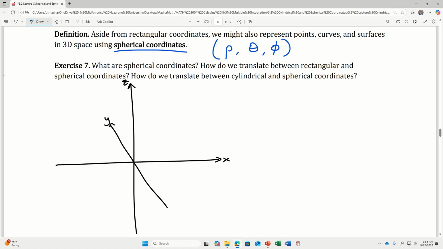Those are all lowercase Greek letters. Rho represents the distance from the origin. Like I mentioned yesterday, it's important that you know rho is not the same thing as r, because r is the distance from the z-axis, not the distance from the origin.